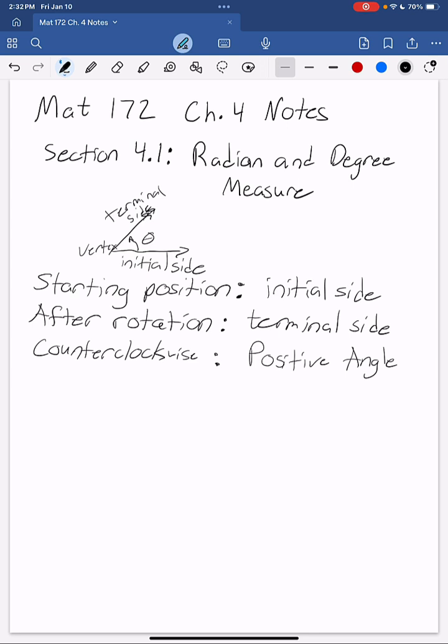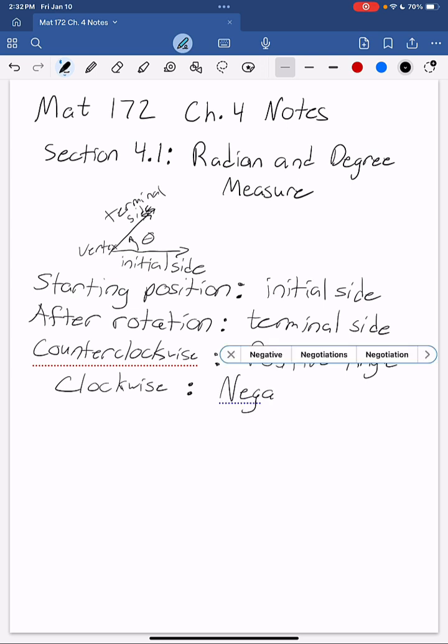And then if the angle is moving in the clockwise position, so thinking of a circle to our right, or moving in the clockwise direction, then that angle would be negative. So we have a negative angle. Okay. All right. So that is discussing the initial, terminal, and all that stuff.